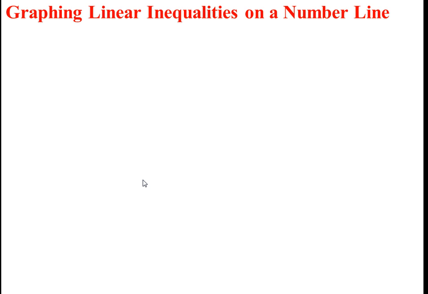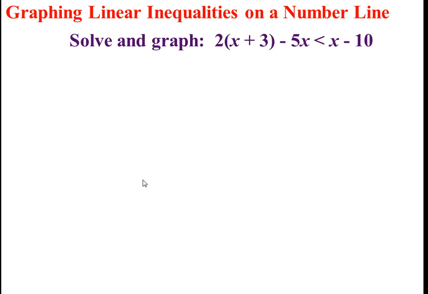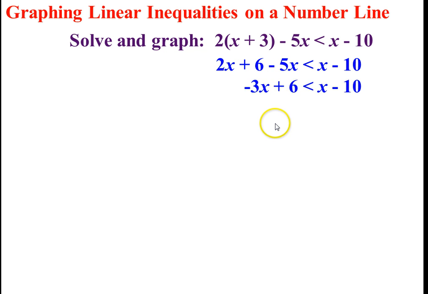Let's say you're asked to graph linear inequalities on a number line, and this is what it looks like now. So if we go ahead and solve this one, step 1 is to expand out this bracket. So we get 2x plus 6, subtract 5x is less than x minus 10. Let's combine like terms on the left side. So 2x minus 5x, so negative 3x, add 6 is less than x minus 10.